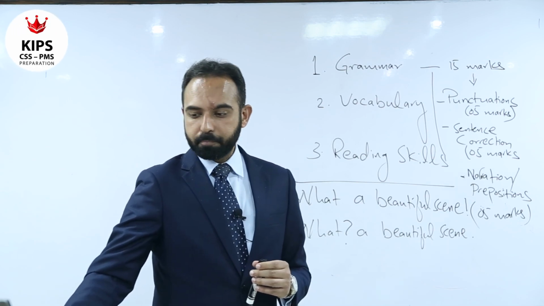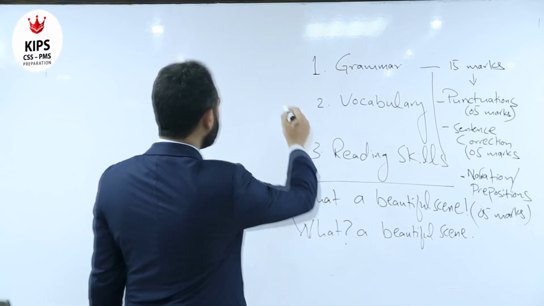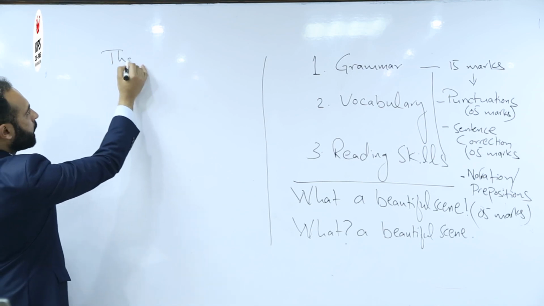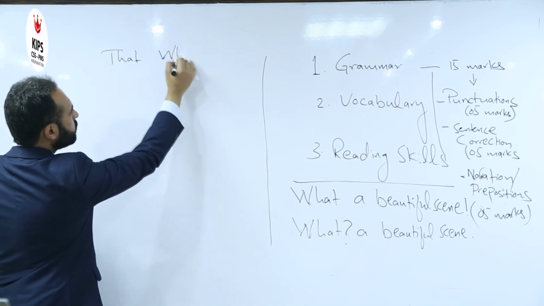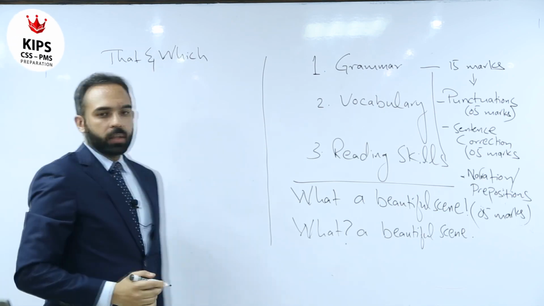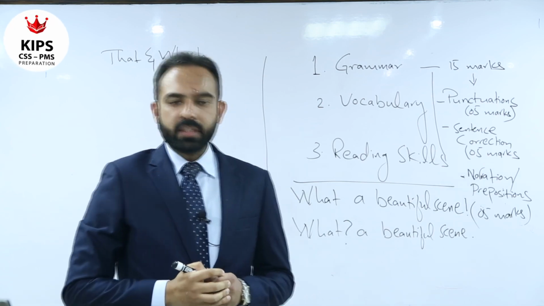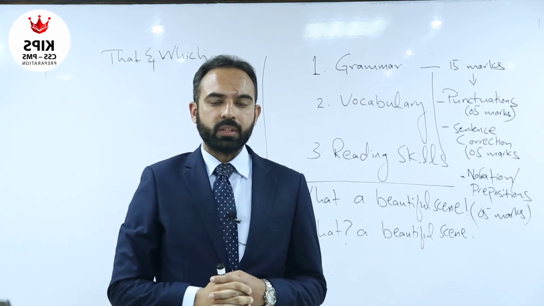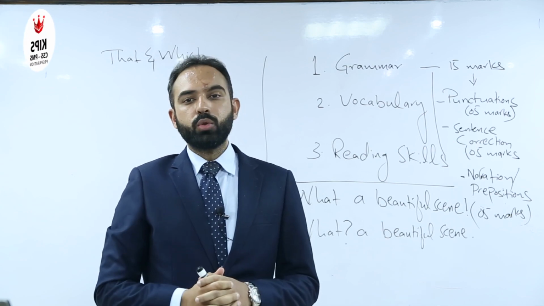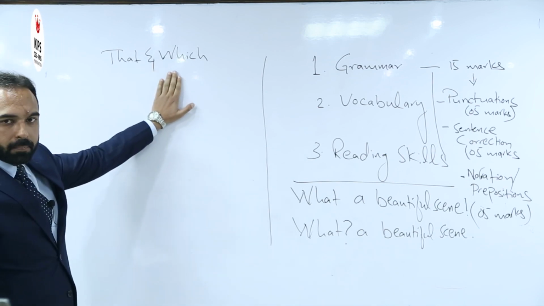But if we take an example of the usage of a comma, I would also like to take 2 words which have been creating confusion in the mind of several students. The words that and which. I've observed as a teacher and a student of English language that most of the student writers do not have a sense of using these 2 words, that and which.